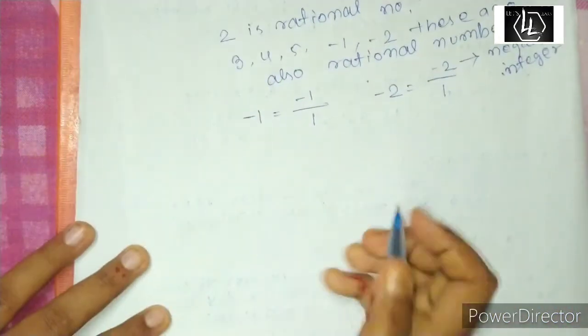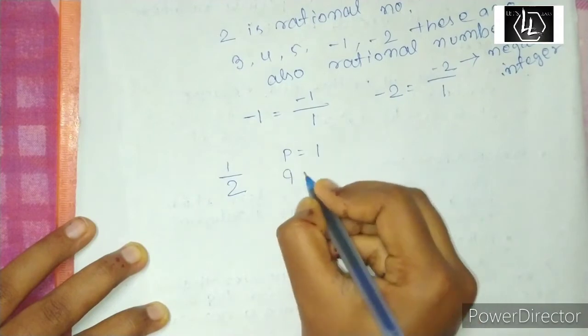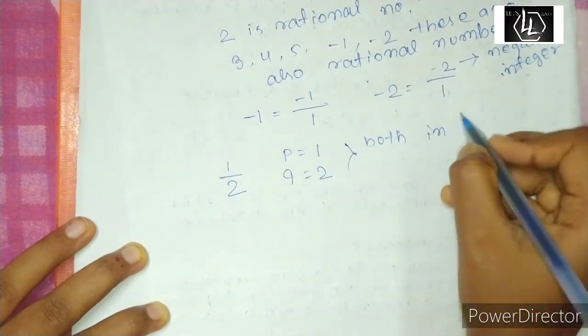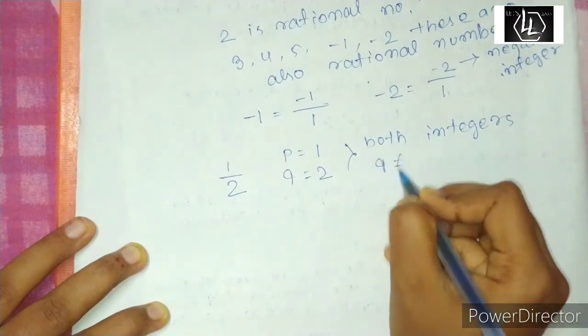Now if we write 1 by 2, here p is 1 and q is 2, both are integers and q not equal to 0.